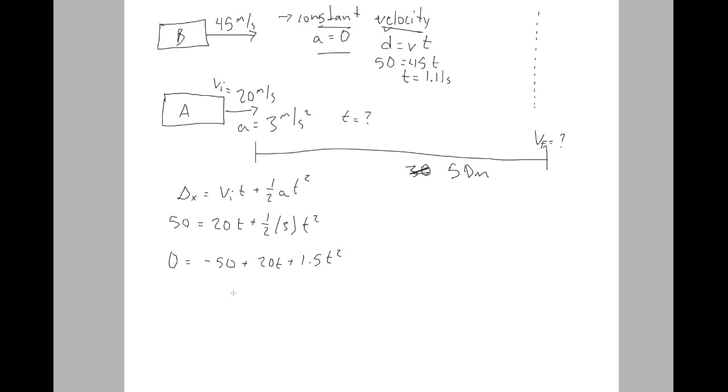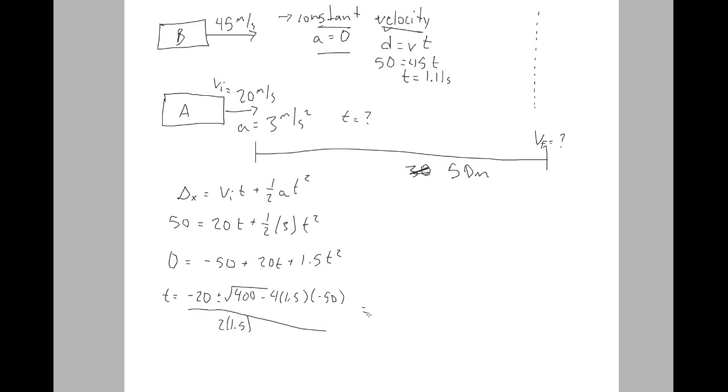Now, in this situation, I have to use the quadratic formula. So, t equals negative b, which is going to be negative 20, plus or minus the square root, b squared, which is 20 squared, so that gives me 400, minus 4ac, a is 1.5, and c is negative 50, all over 2a, which is going to be 2 times 1.5.